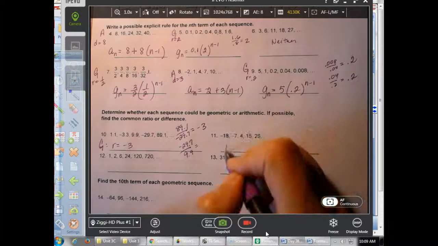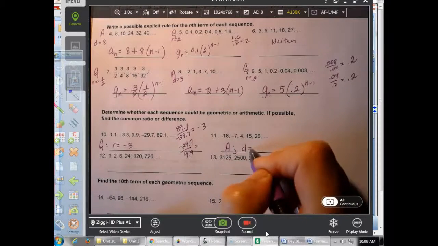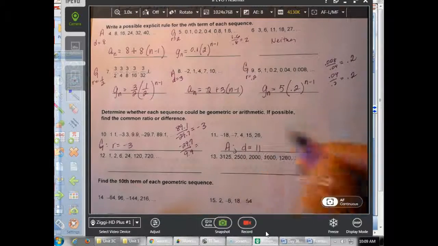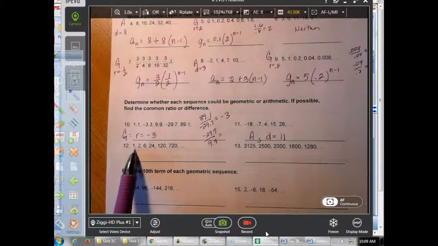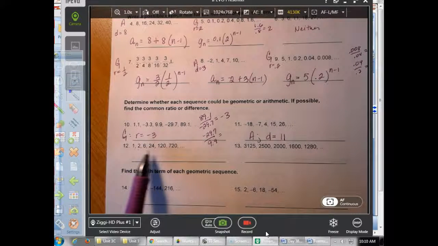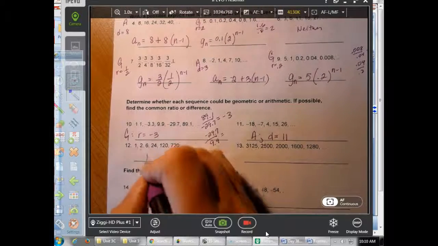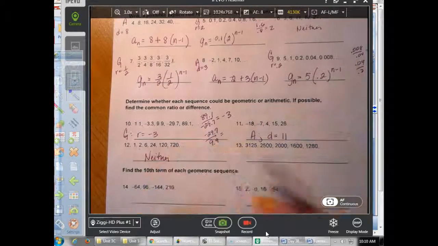So this is arithmetic, and your common difference is going to be 11. Now the next one. So here it's doubling, so multiply by 2. Here it's multiplied by 3. Then it's multiplied by 4. So there is definitely a pattern, but it's not either of the patterns that we have learned. So put a neither there.